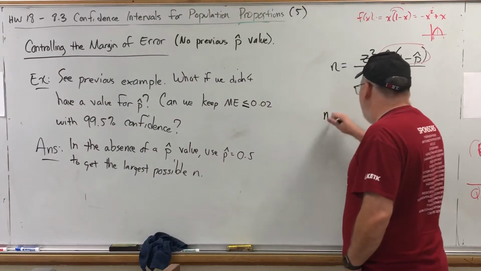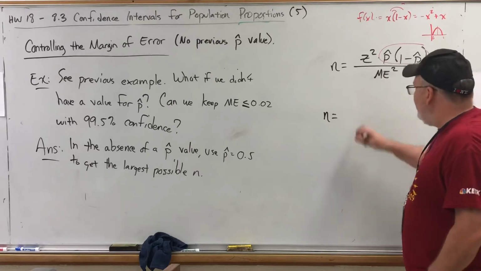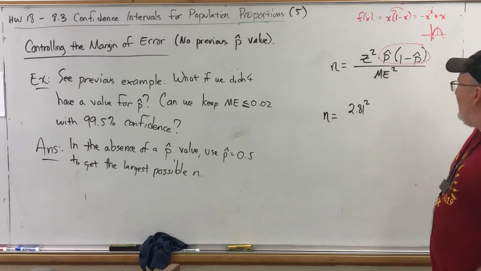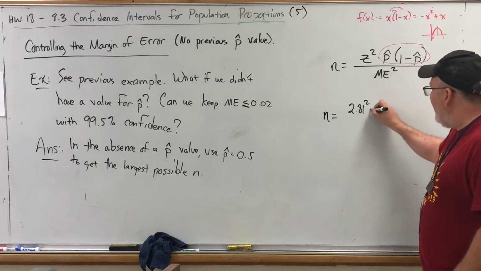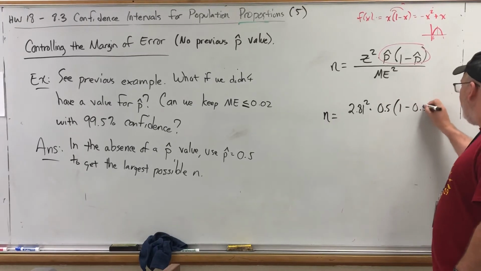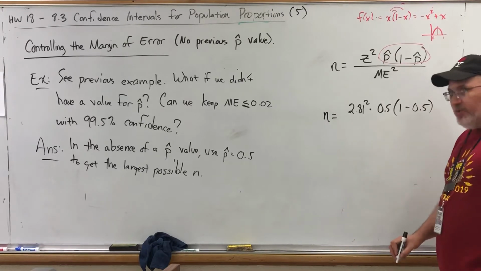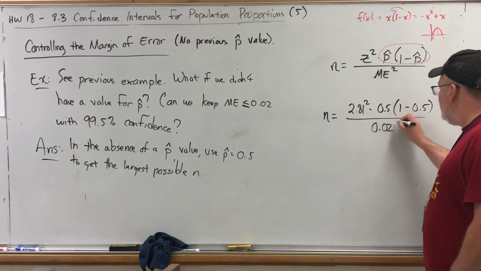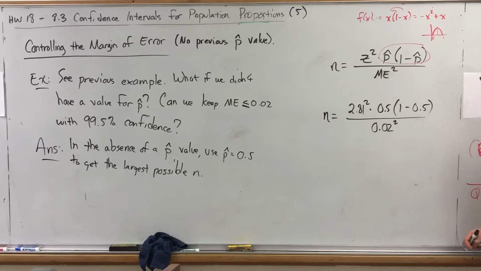So we would have n equals, our z was still 2.81, so it gets squared. If we don't have a p hat, we use 0.5, so times 0.5 times 1 minus 0.5, which is also 0.5, divided by the square of the largest margin of error we want to obtain, which is 2%.